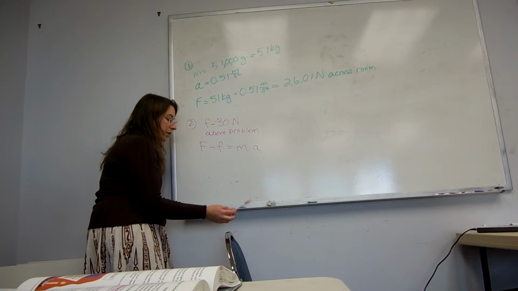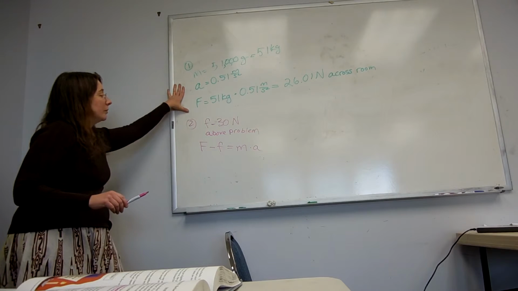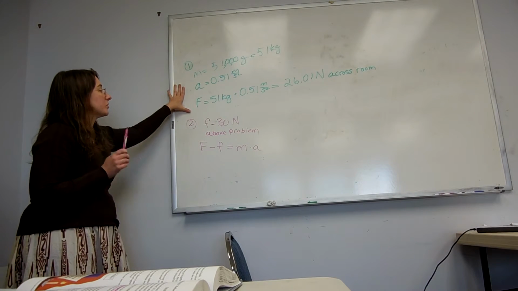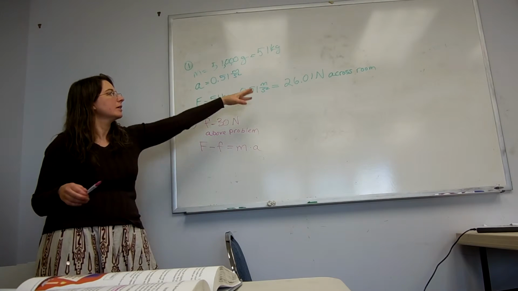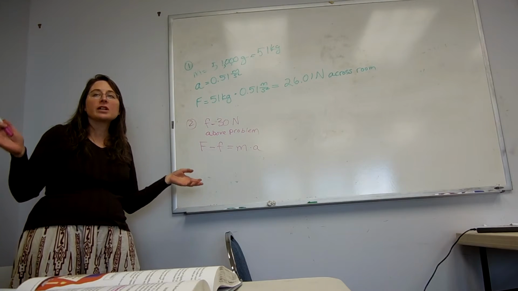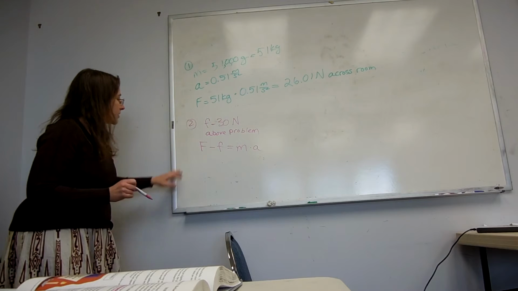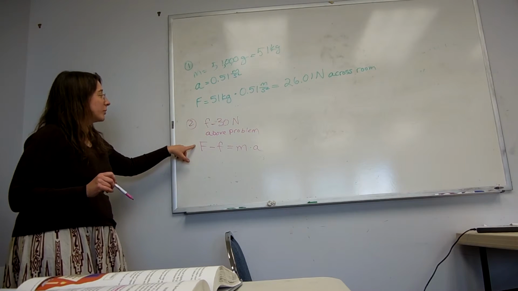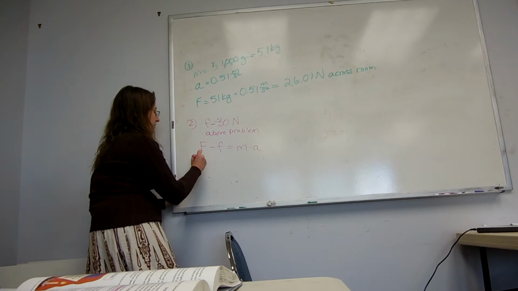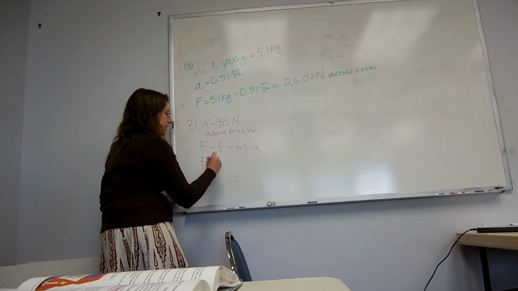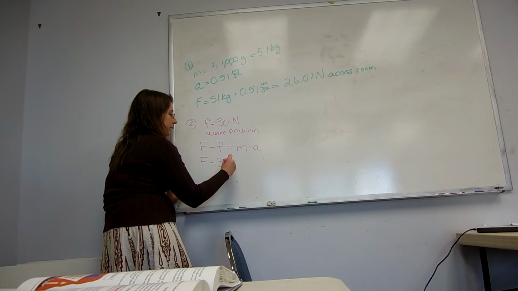Okay, so in the first problem, we ignored friction. We just said that. But is ignoring friction going to give you the real and true answer in real life? No. So we need to calculate the true force with which we need to push. So the real force is going to consider friction, okay?